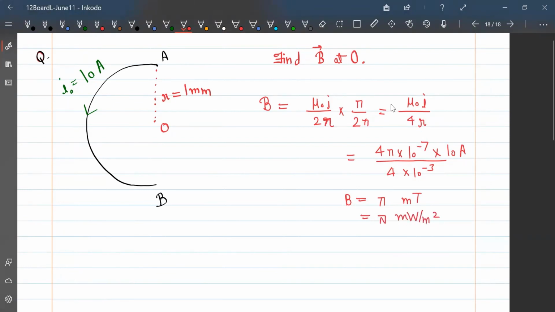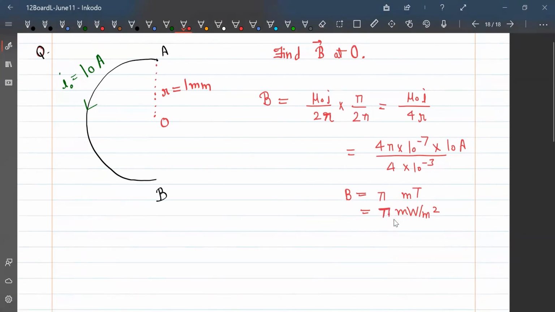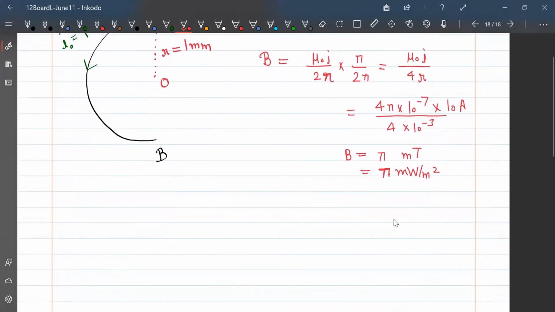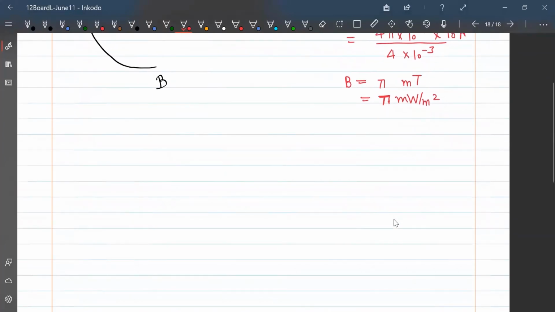That will be the value of magnetic field at point O.